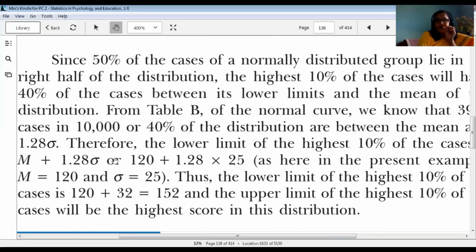And here again you need to put the values in the formula which we usually use: Z is equal to X minus M divided by sigma.